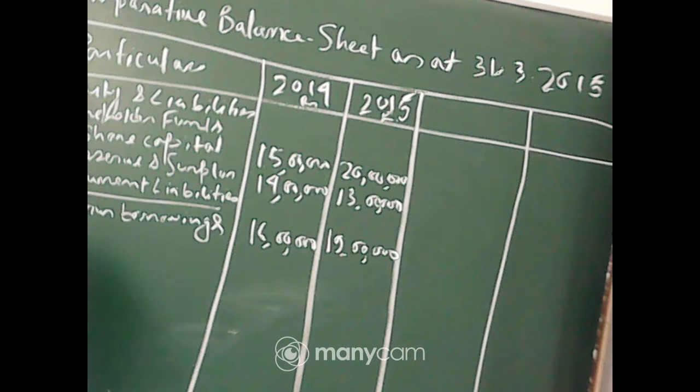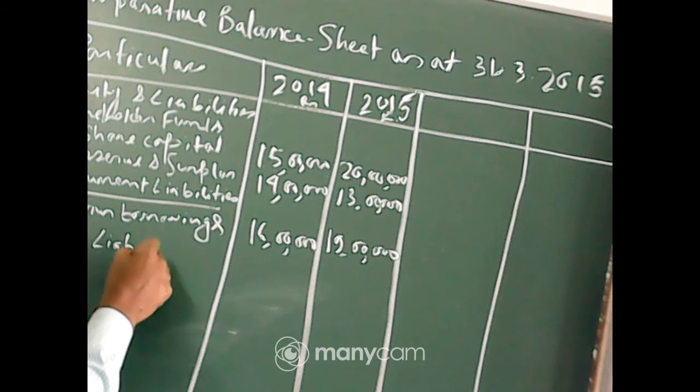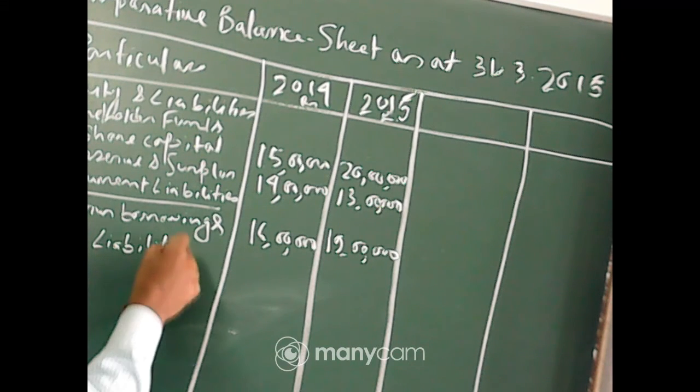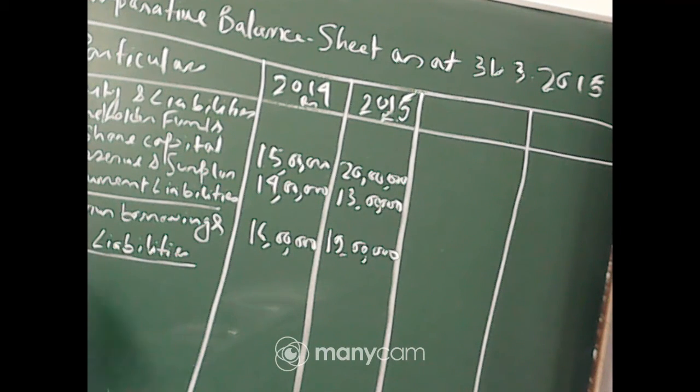Same thing we are writing, just copying and pasting here. I am copying from the book and pasting here whatever is given in our question. Number 3, current liabilities. Under current liabilities, there is trade payables.